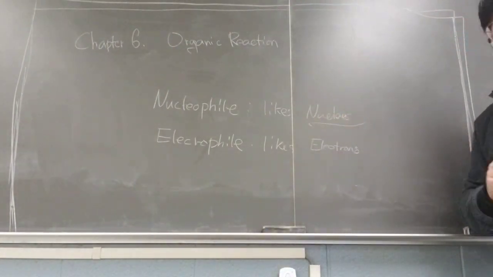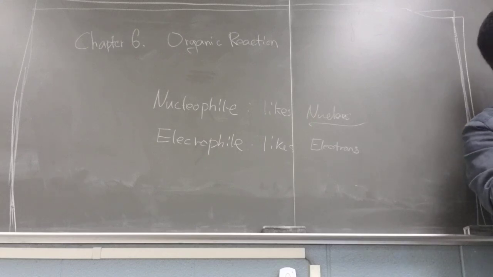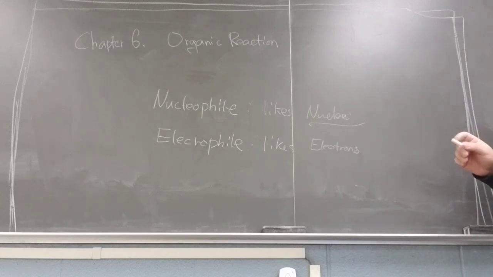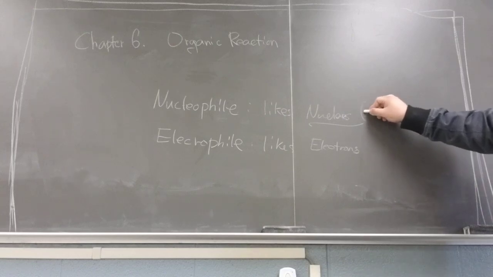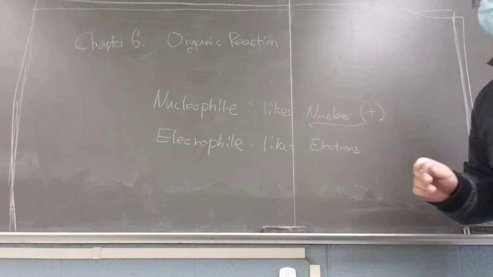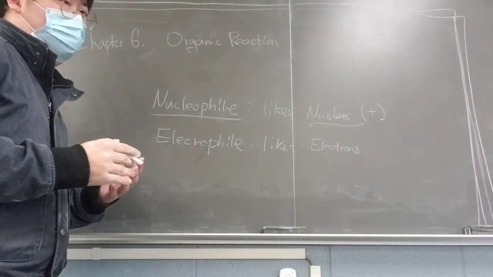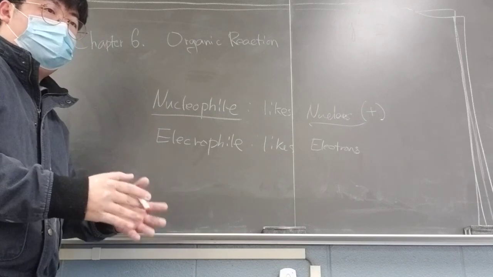So if you think about the nucleus, what is it made of? Nucleus is made of protons and neutrons, right? Perfect. So this is the same as something that is positive. So we have some compounds or molecules that like to chase something that is positive.